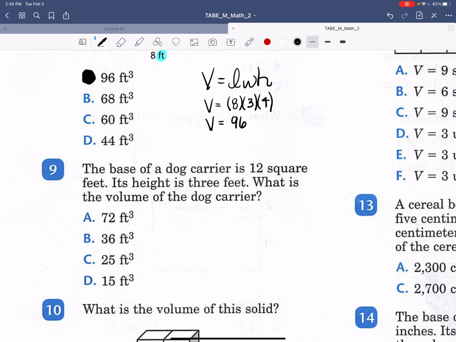Number 9. The base of a dog carrier is 12 square feet. Okay, this is important. There's that big B, base. Its height is 3 feet. What is the volume of the dog carrier? So let me draw it for you.